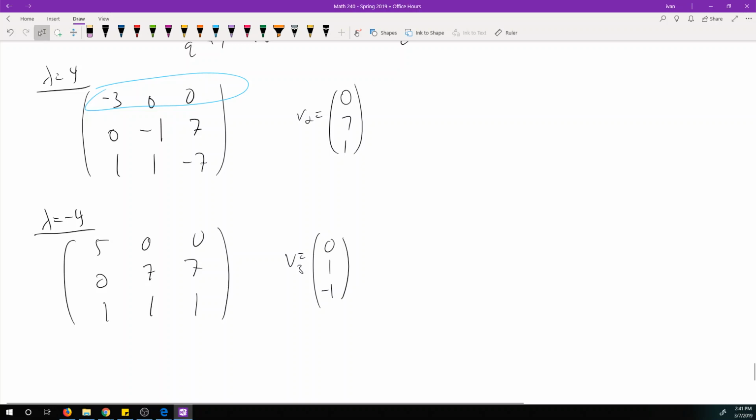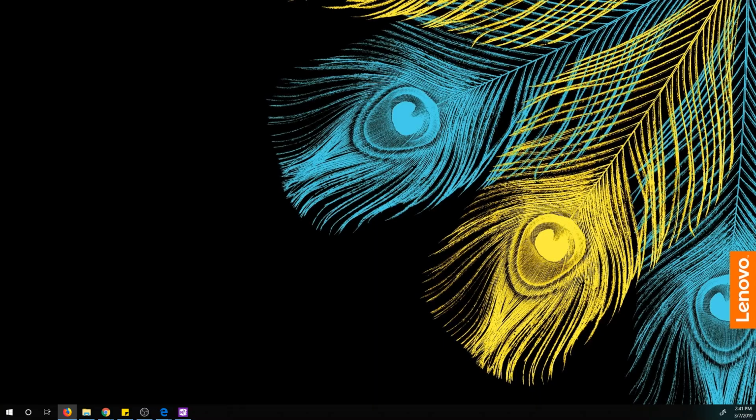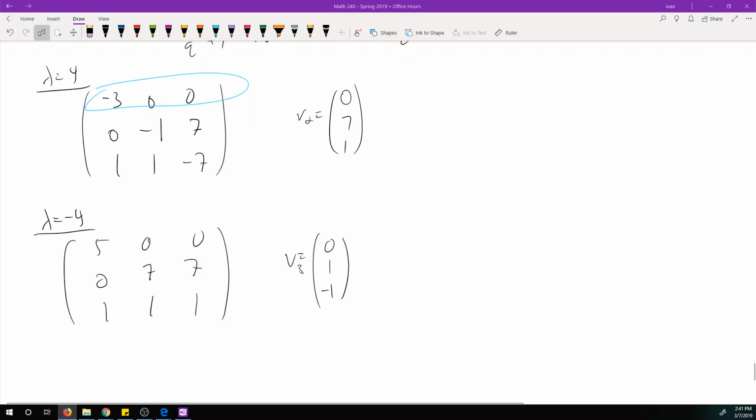Okay. And yeah, so that should be diagonalizing. You should be able to find those diagonal matrices then. Well, that was a lot more computation than I was expecting.